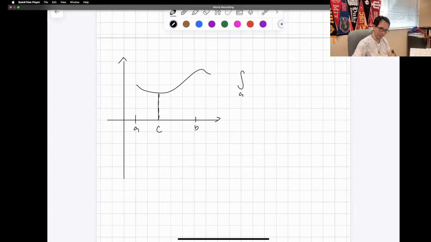The integral from a to b of f of x dx is equal to what? Can you tell me what the integral from a to b of f of x dx is according to this graph?